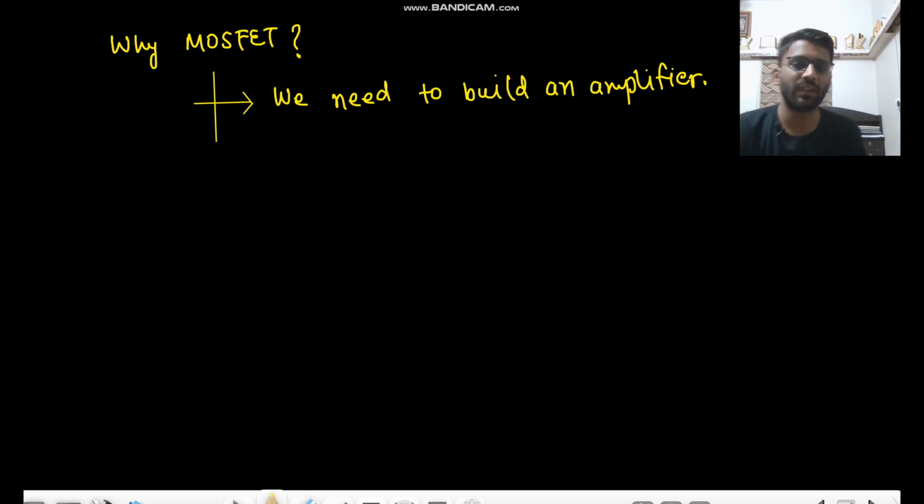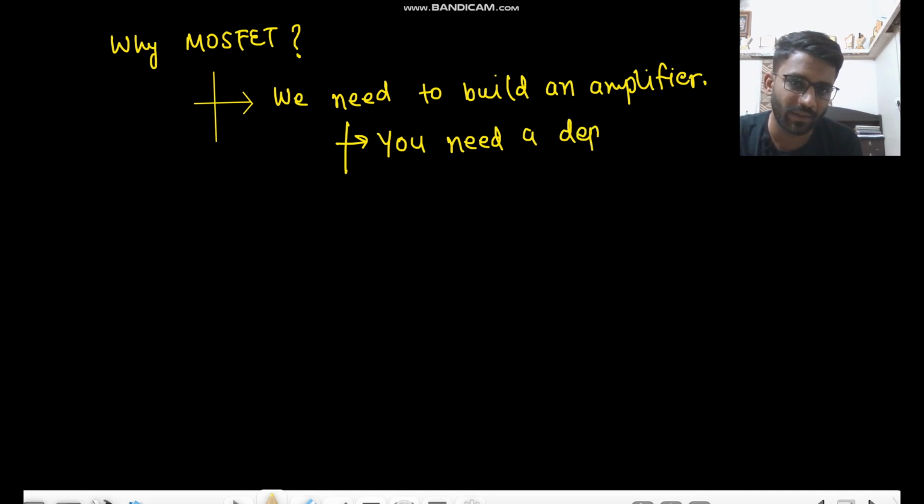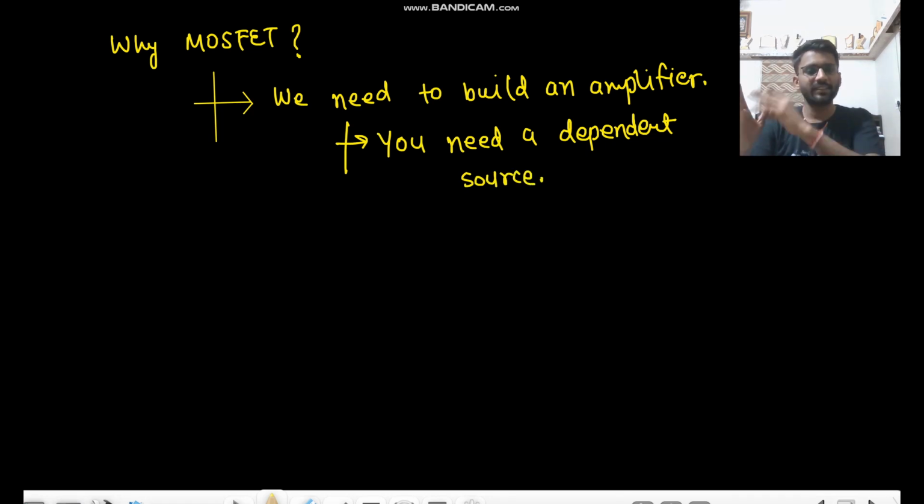Okay, so for designing an amplifier you need a dependent source. Okay, there should be some source that is dependent on the input. Some source that is dependent on the input and that goes to the output.